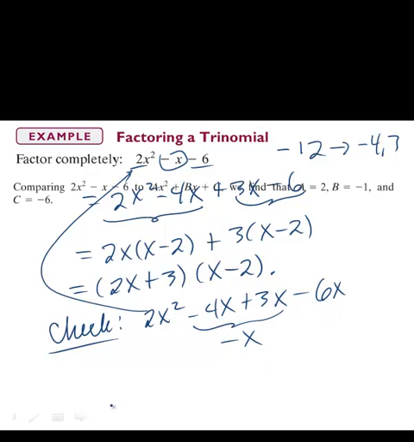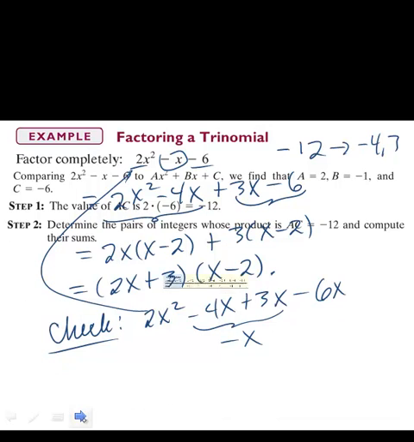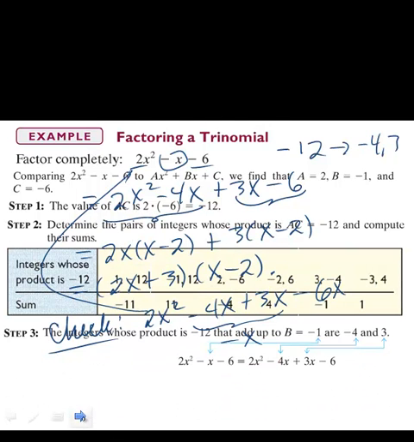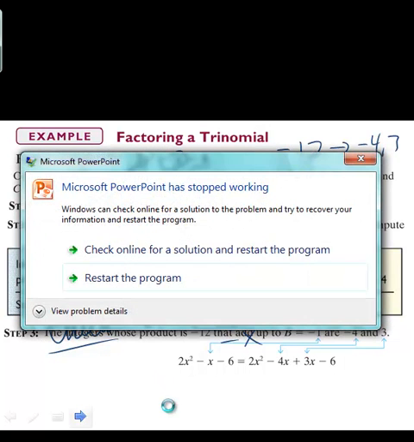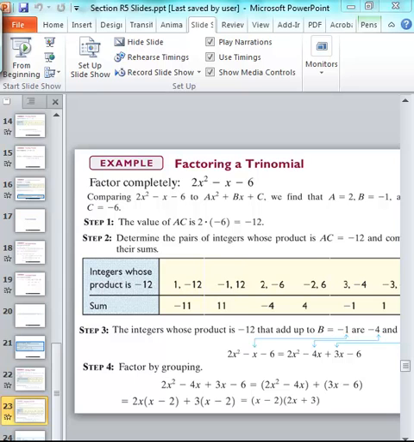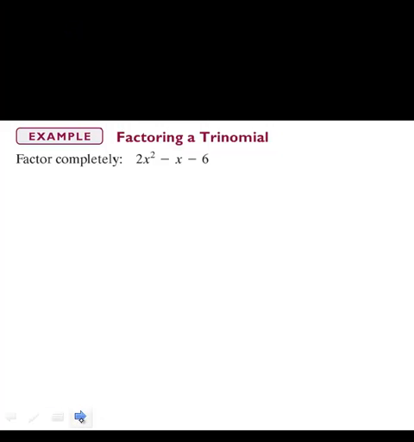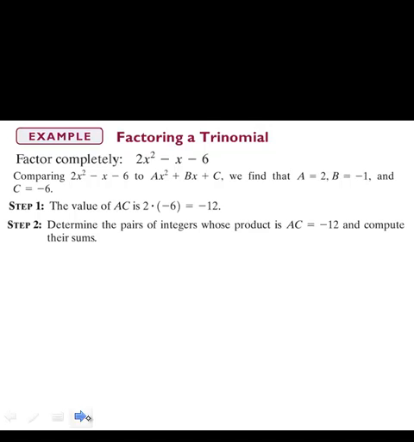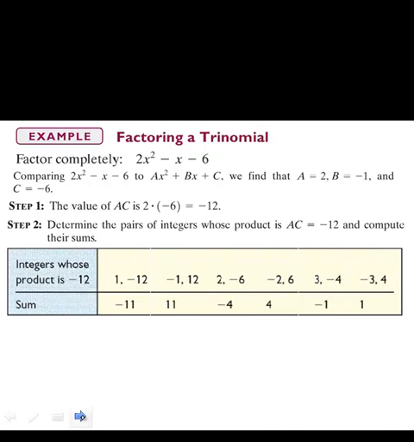Okay, moving along here. So I'm just going to skip over this stuff. Uh-oh, we need to restart PowerPoint. I'm going to pause this real quick and I'll resume here in a minute. Okay, folks, I'm back with you here. Had to restart PowerPoint. So we just finished factoring this guy. Sorry, I lost all of my ink annotations.